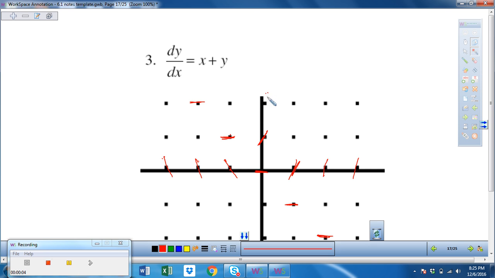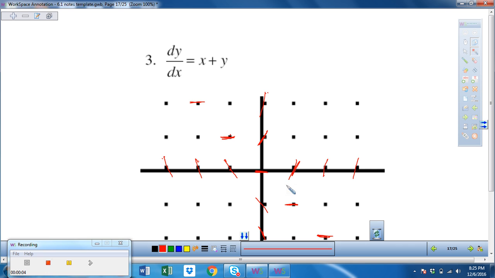So it's going to be steeper than my slopes of 1. This would give me a slope of negative 1 and a slope of negative 2. So it's just a little bit steeper.